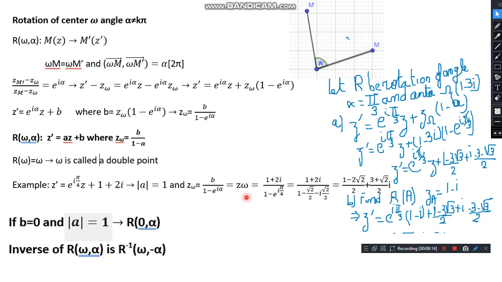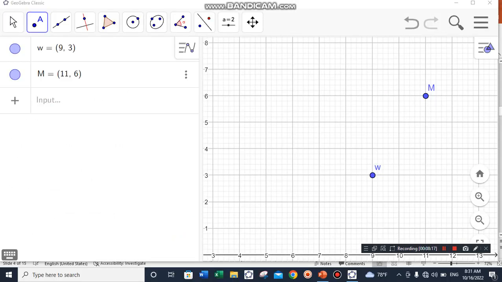Let us go to GeoGebra to check this. Suppose here we have the center, which is W, and you have the point M. I want to rotate it by an angle, for example. Let us see.